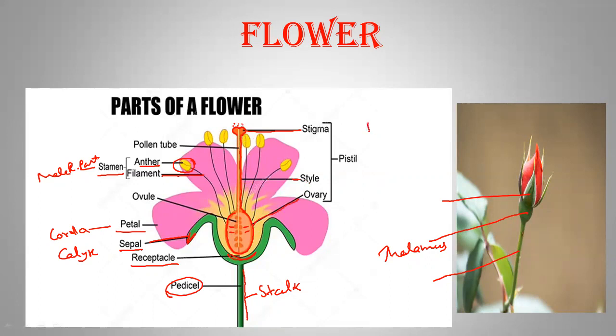So the structure is like this. This is stigma, this is style, and this is the ovary with ovules inside it, all together known as pistil. Pistil is the female reproductive part. So these are the parts of the flower.